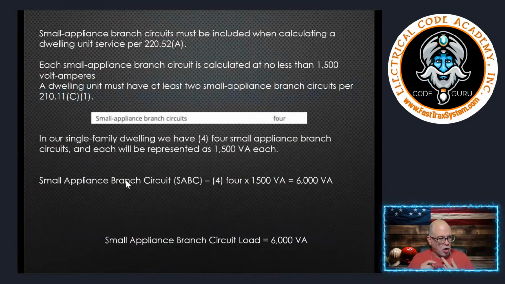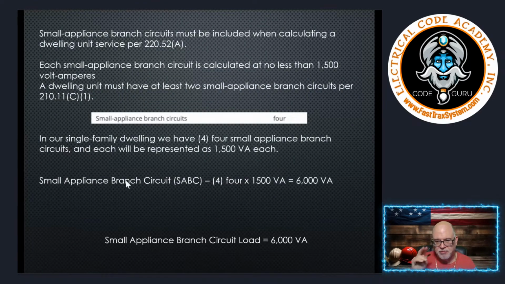Now, y'all are very aware that the code states that you have to have at least a minimum of 2. Now, if I'm on an exam and they're giving me all this information to do a load calculation for a dwelling, in that rare exam that asks you to do all that, because most of the time they won't, it'll just be little pieces they ask you.